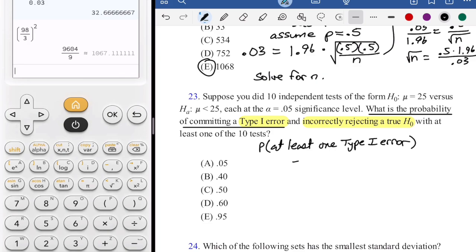Now we have a formula for that. Probability of at least one is equal to 1 minus the probability of none. So this is saying find the probability of getting no type 1 errors in the 10 tests. The probability of getting a type 1 error is also alpha.